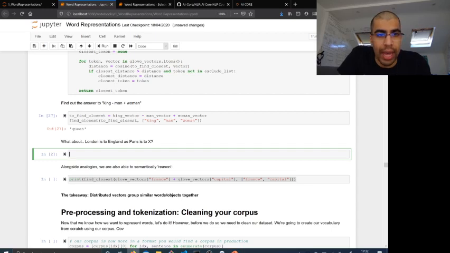So we have to find the closest equals to the vector of London minus England plus Paris.